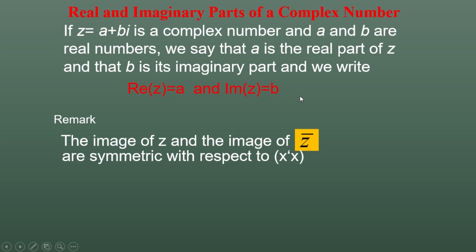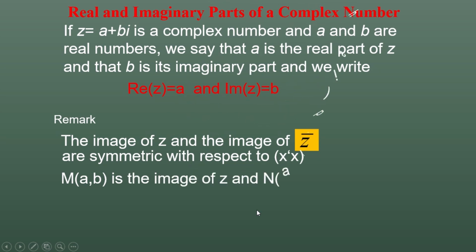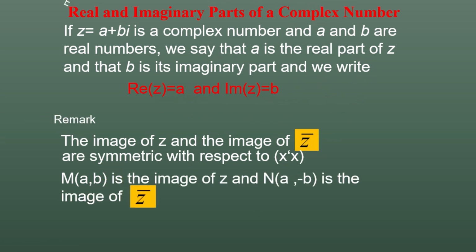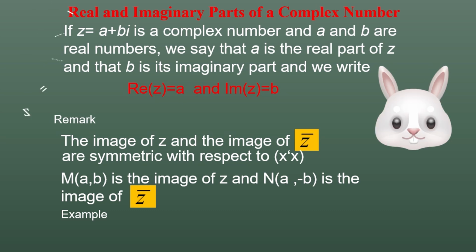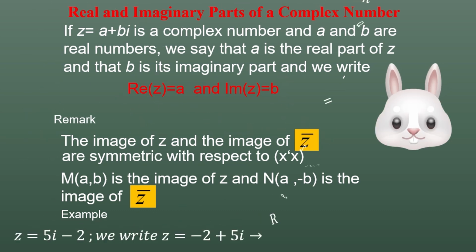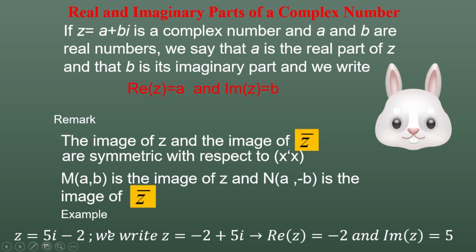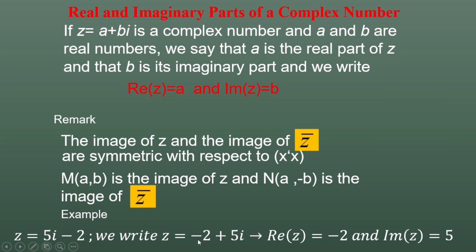Plot the two points in an orthonormal system, a, b and a, minus b, so that the images are symmetric with respect to x prime x. If z equals 5i minus 2, we write z equals minus 2 plus 5i. The real part is minus 2 and the imaginary part is 5.